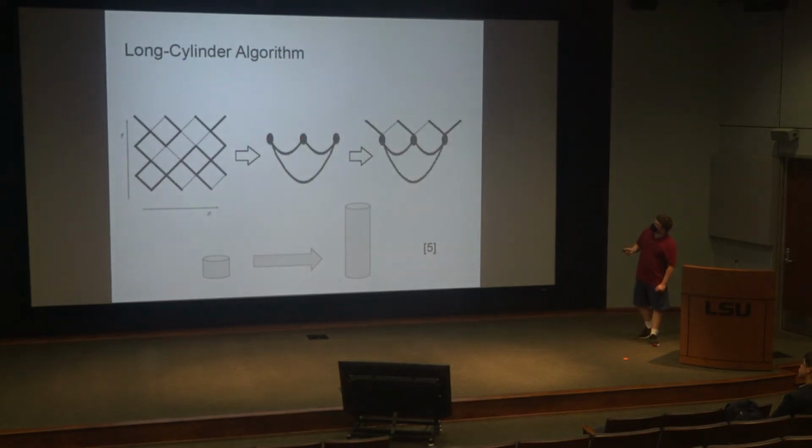The final algorithm is something called the long cylinder algorithm. It's called that basically because in the case of our lattice, the left edge and the right edge are connected to each other, so you can envision the lattice making a cylinder, like a netted cylinder. In the long cylinder algorithm, we started with the final time slice.